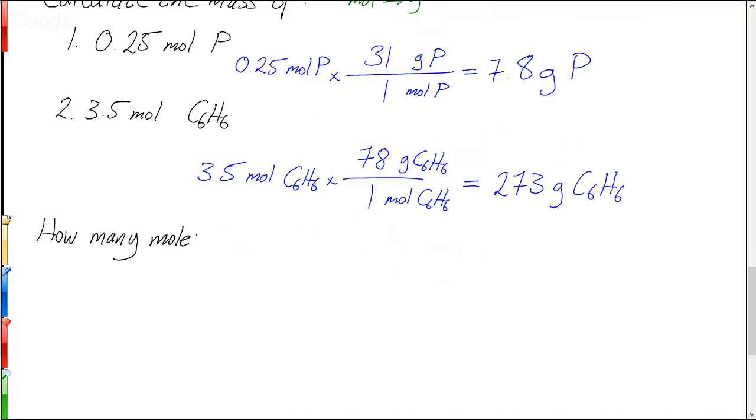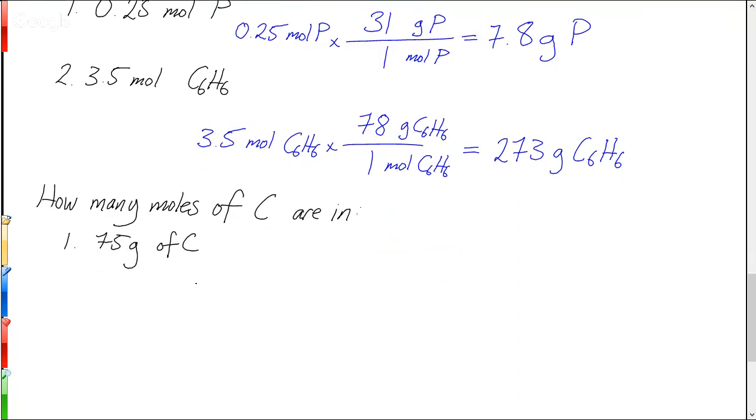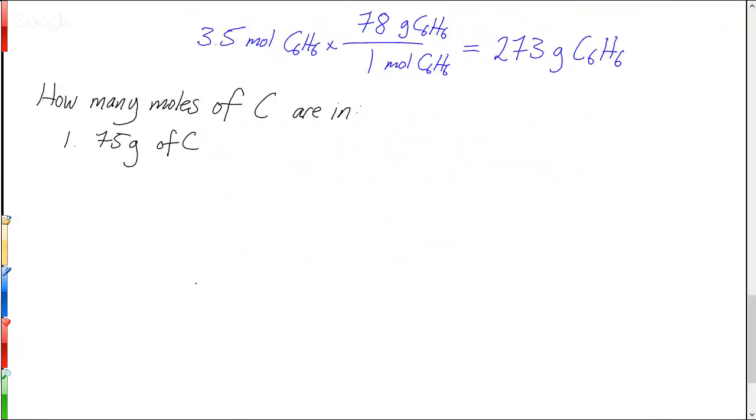How many moles of carbon are in 75 grams of carbon? And then to review from before, also how many moles of C are in 0.25 moles of C2H6?